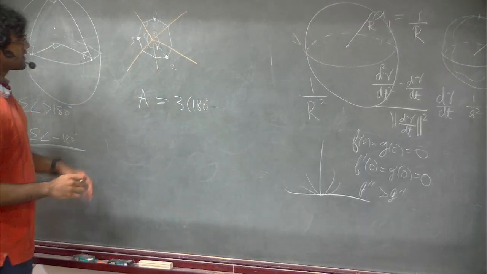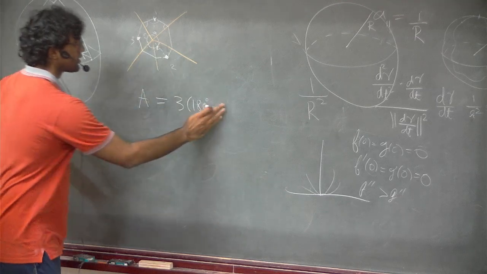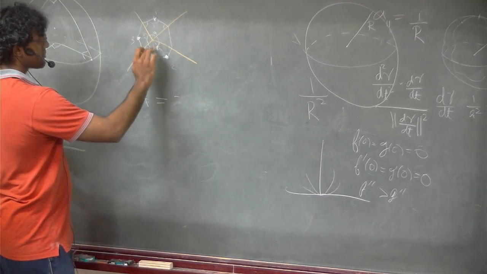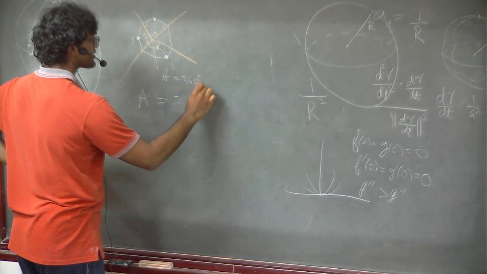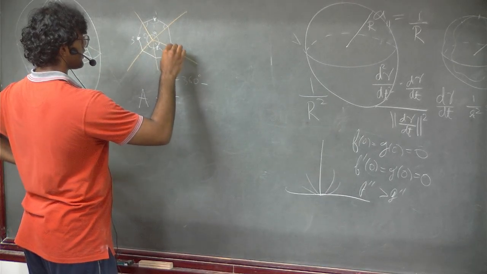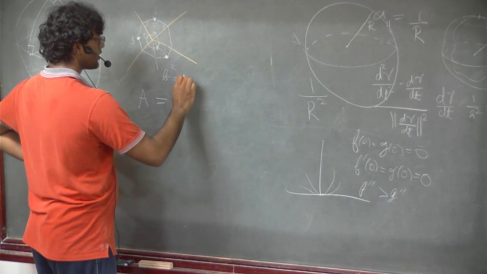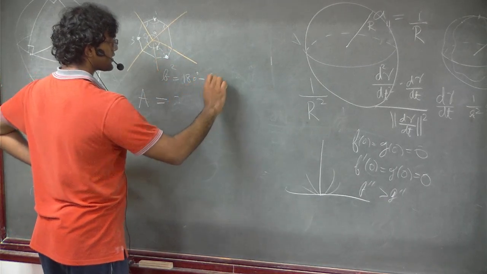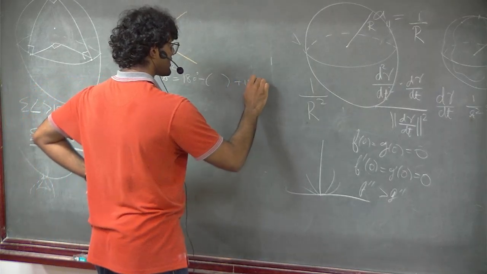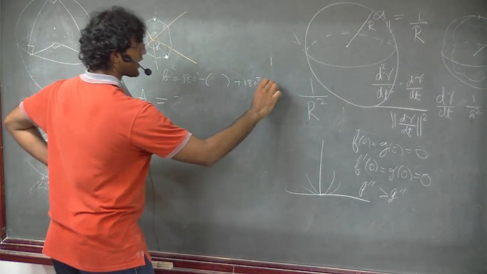So instead of B being equal to 360 degrees minus these two and this, you instead do 180 degrees minus these two plus 180 degrees minus this angle 2.